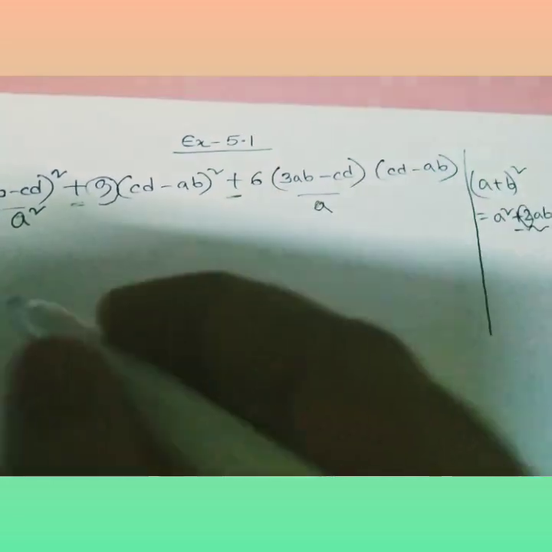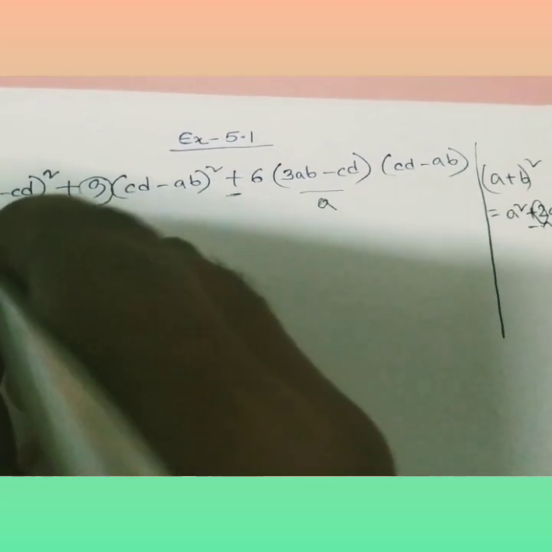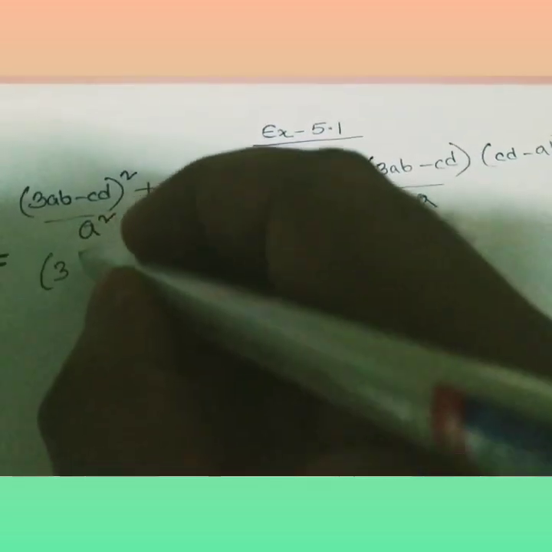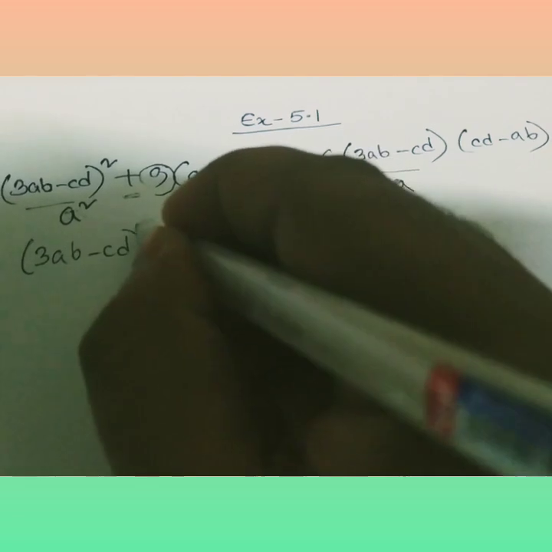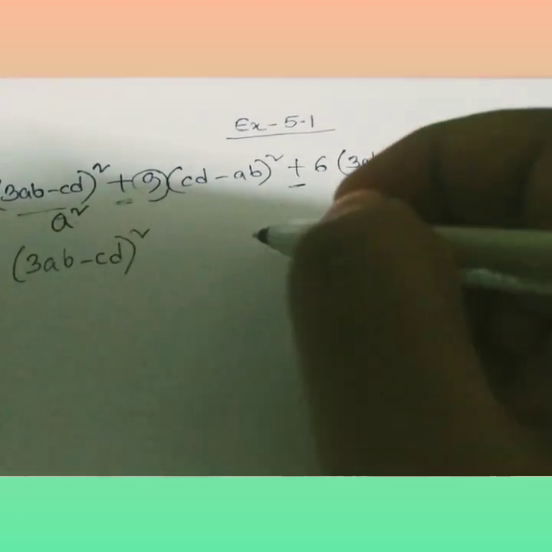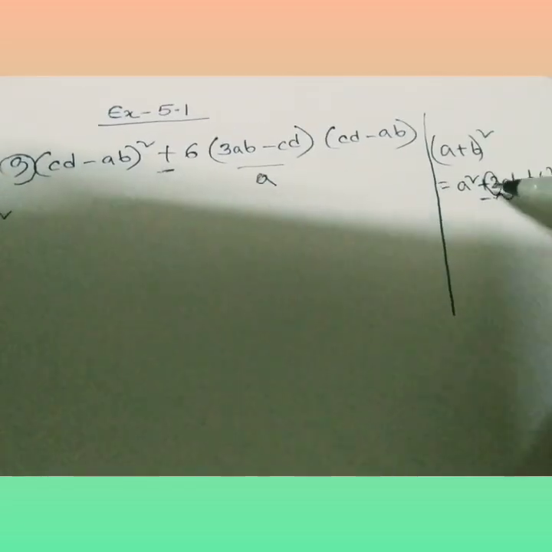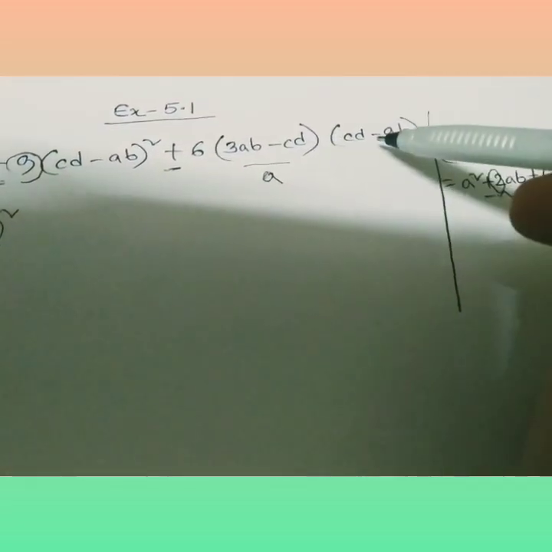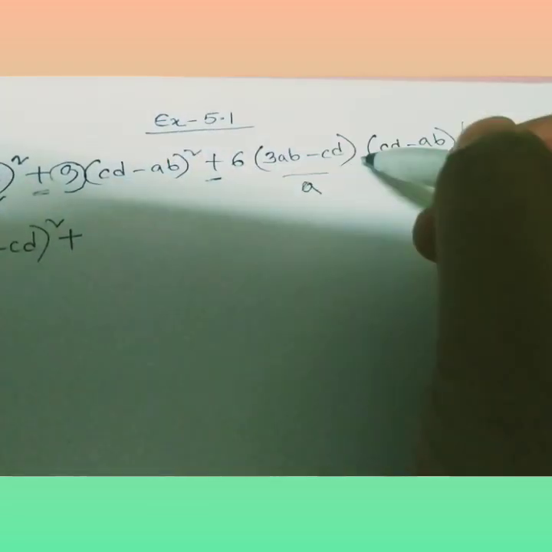If we write, for the second line, equals 3ab minus cd. Let's try to arrange first. Since this is quite similar to 2ab, because here I also have b, let's try to bring this in between.